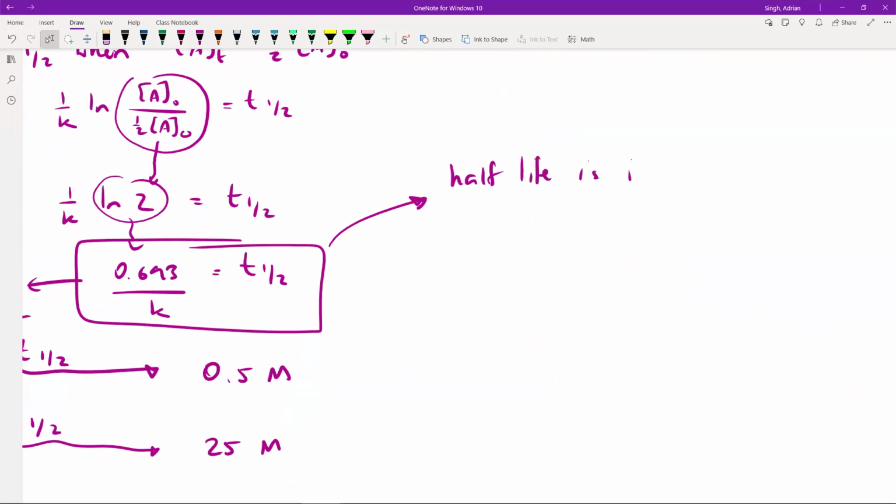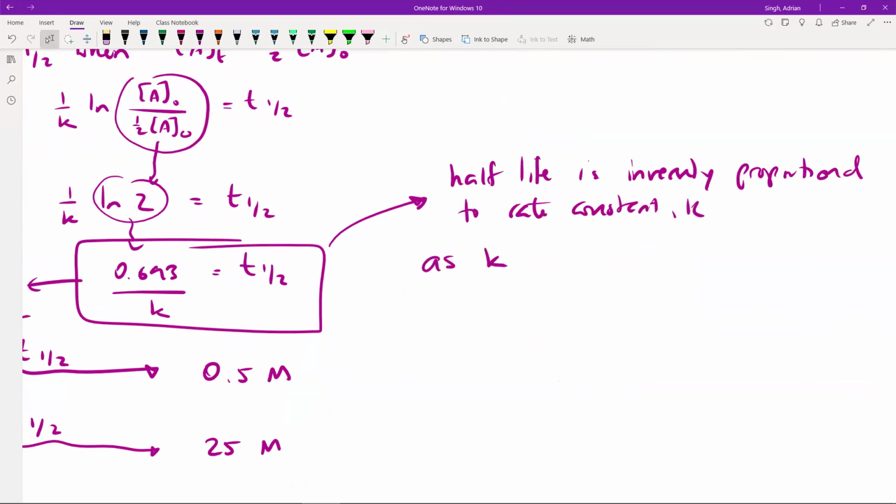Half-life is inversely proportional to the rate constant K. What that means is as K increases, T1/2, the half-life, decreases, and vice versa. So as the rate constant decreases, the half-life increases. That's the inverse. One goes up, the other one goes down.